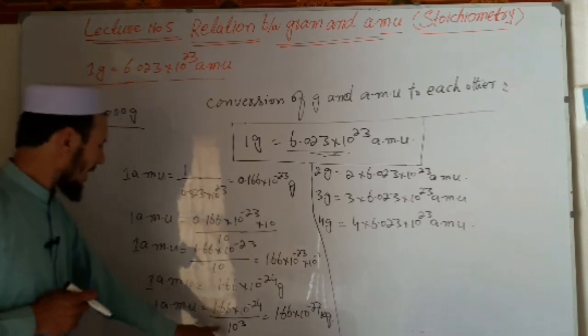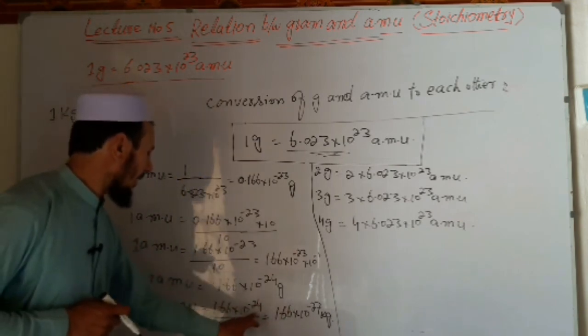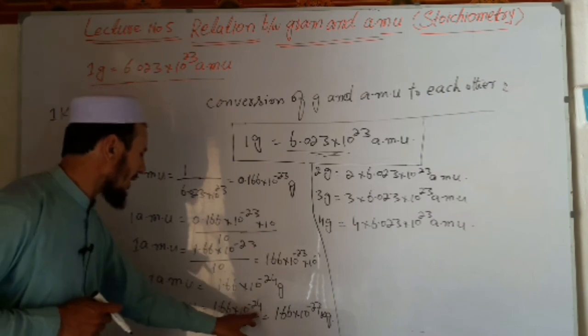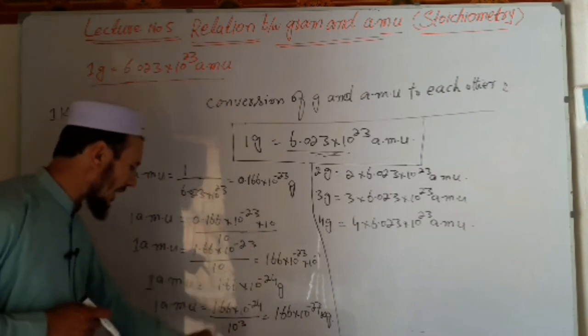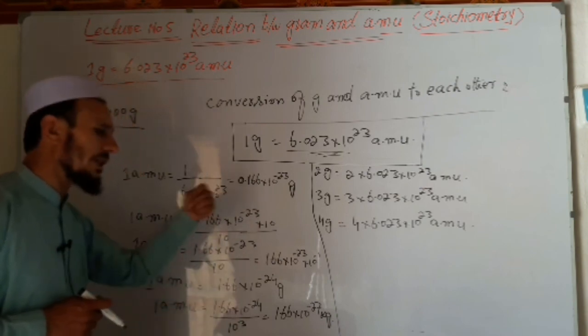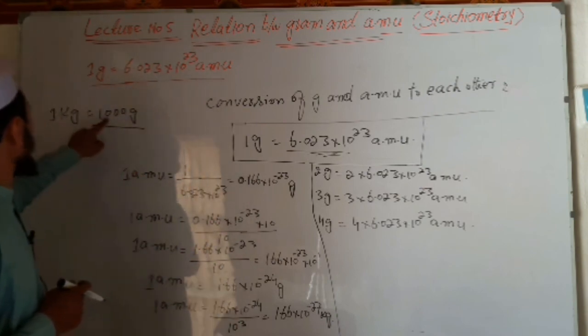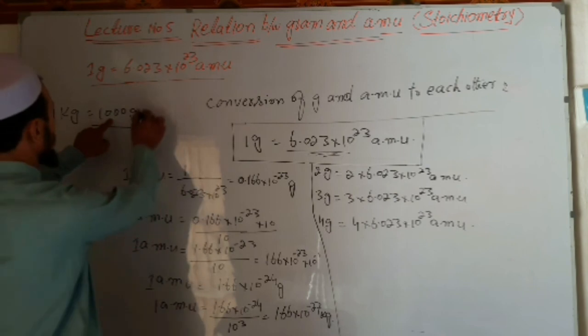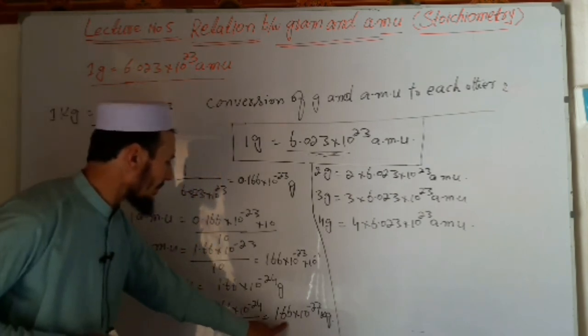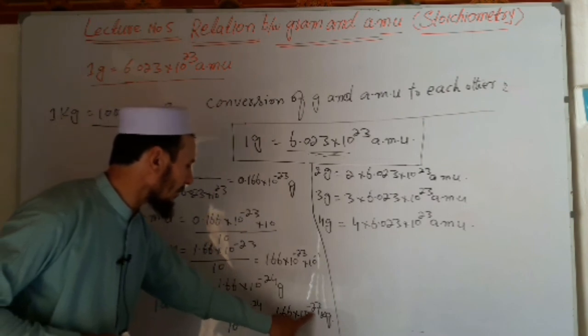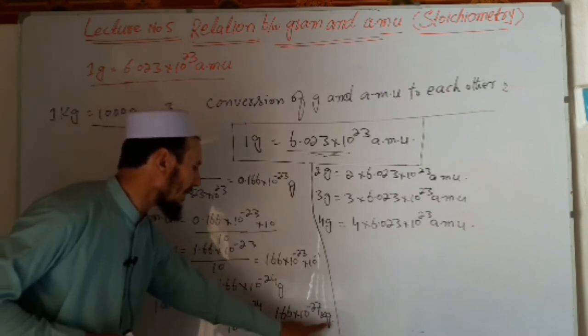So here we convert gram into kilogram, such as the smaller unit into the larger unit. Therefore it will be divided by the conversion factor, which is 10 raised to the power of 3. So we will get 1.66 multiplied by 10 raised to the power of minus 27 kilogram.